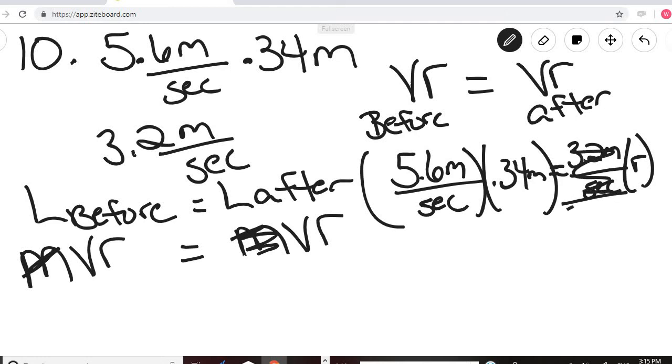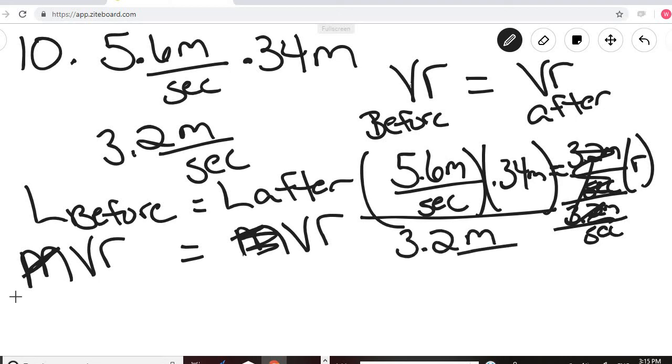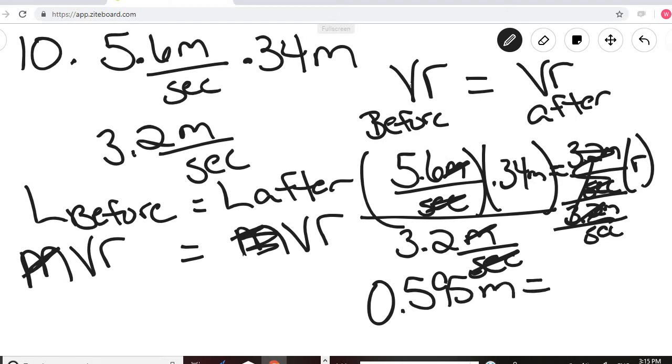That gets rid of that on that side. So again, meters will cancel, seconds will cancel, we'll be left with meters. So 5.6 times 0.34 divided by 3.2, and I get 0.595 meters is equal to the radius.